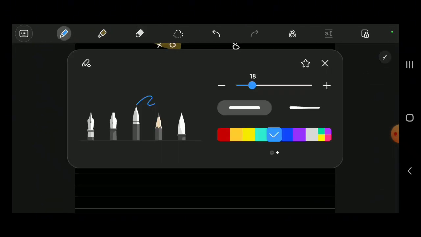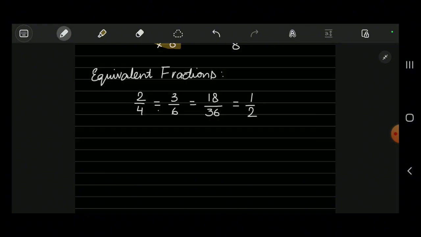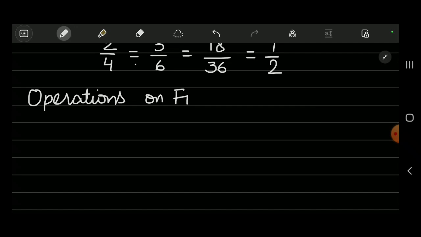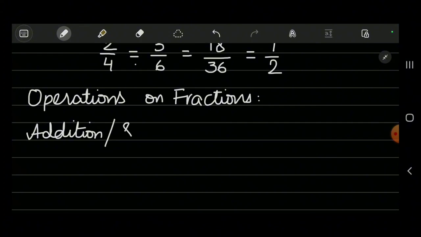Okay, next, the important thing that we actually need to learn to solve our past paper questions is operations of fractions. So first is addition and subtraction. Why am I doing both together?